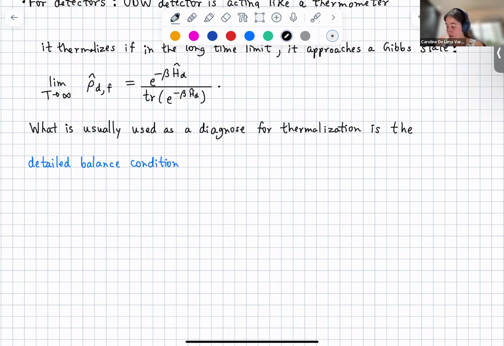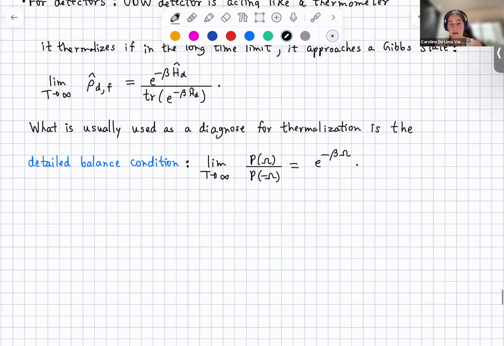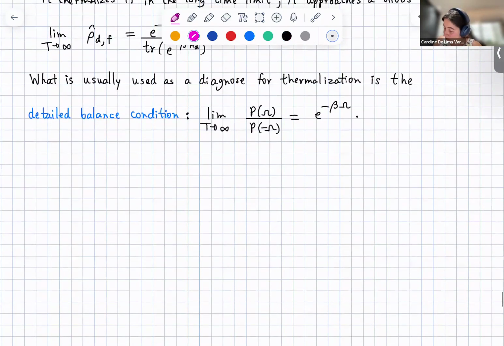Okay, and what does it say? It says that in the limit of long times, the probability of excitation divided by the probability of de-excitation is going to be equal to e to the minus beta omega.